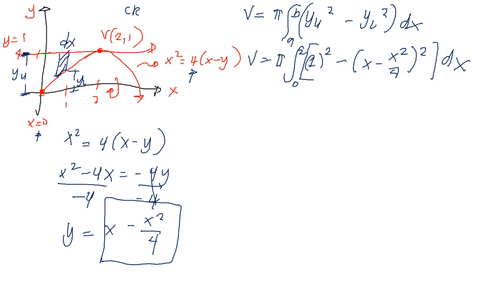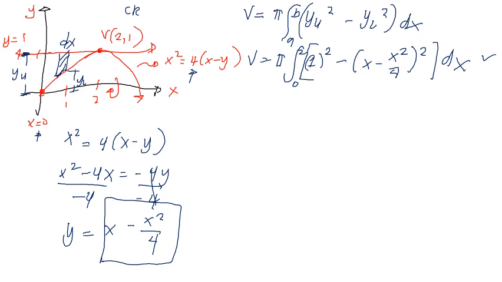In the circular ring method, you need to subtract the volume generated by y lower if you revolve it around the x-axis from the volume generated by revolving y upper around the x-axis. So you could form a circular ring, right? With that circular ring, it will run from the lower limit to the upper limit so that we could get the total volume generated. So that's what we are doing here.